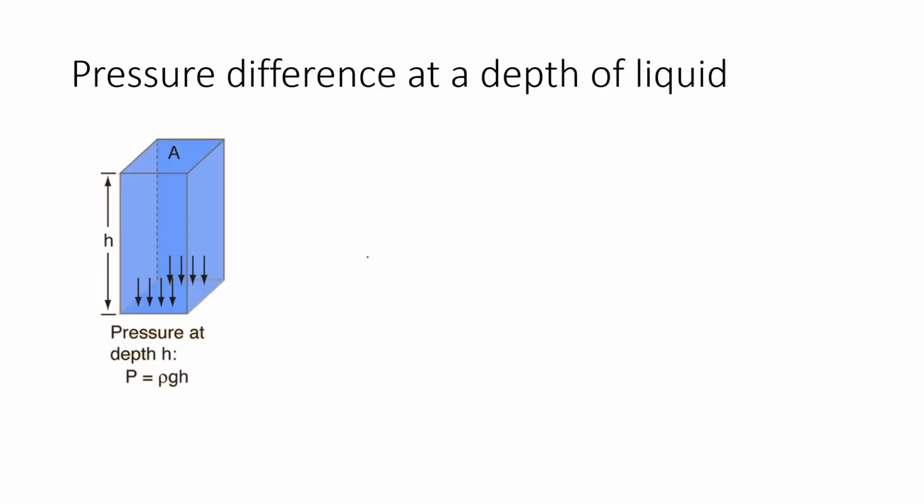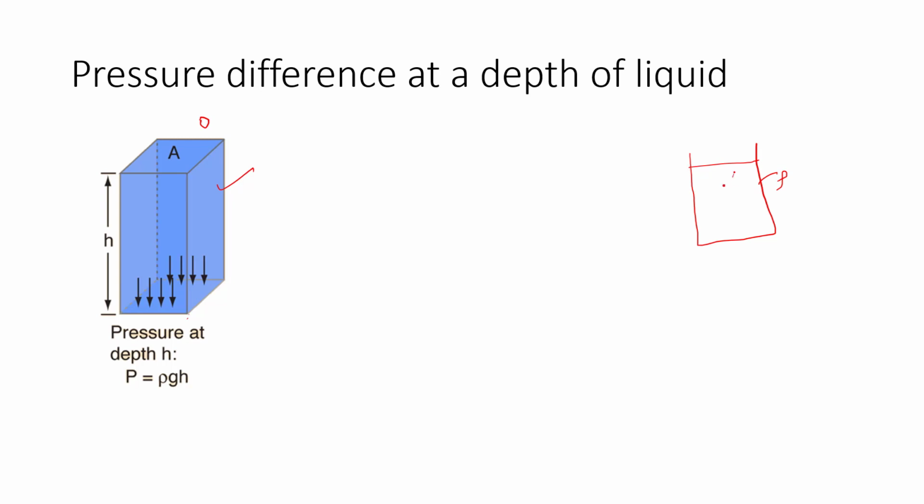In this slide we are going to see the pressure difference at a depth of liquid. So let's say you have liquid contained in this container. Now let's say the pressure at this point is 0. So the pressure here at the bottom or at the depth h is going to be equal to rho g h. So let's say you have a container like this and it is filled with some liquid and the density of liquid is rho.